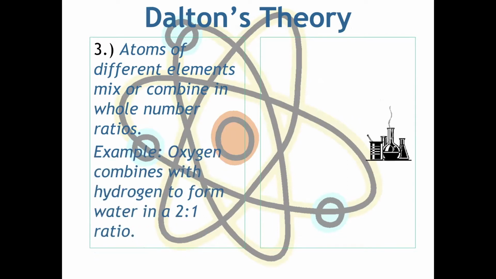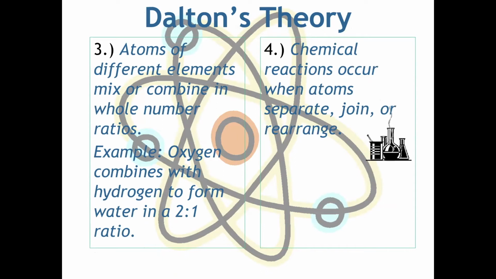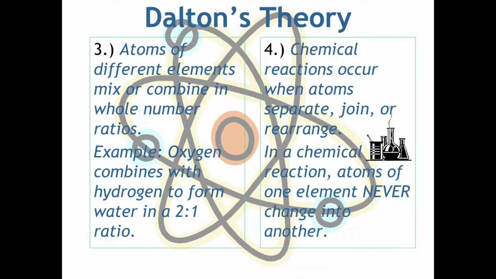Oxygen combines with hydrogen to form water in a 2-to-1 ratio. Chemical reactions occur when atoms separate, join, or rearrange. In a chemical reaction, atoms of one element never change into another.